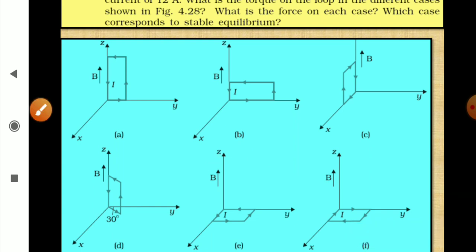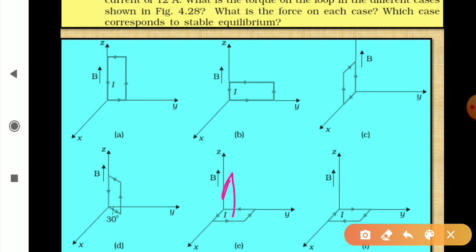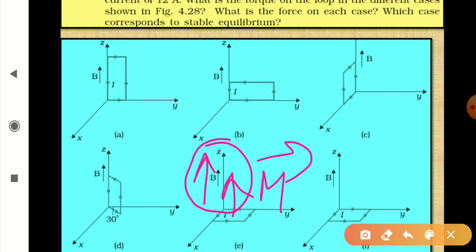See, so the magnetic moment is in the upward direction and the magnetic field is also along the same direction. So B and M are parallel. So the torque acting on them is 0, but this is a case of stable equilibrium. When M and B are parallel, it is a case of stable equilibrium.